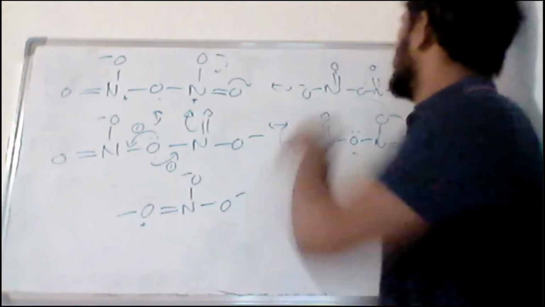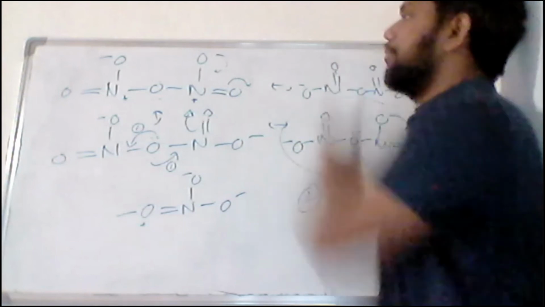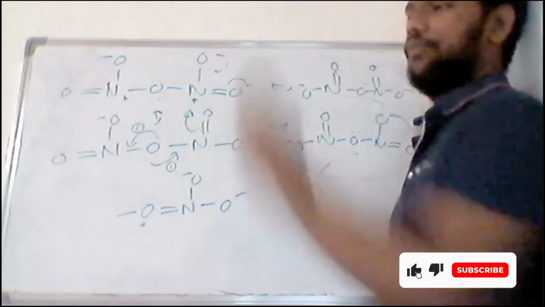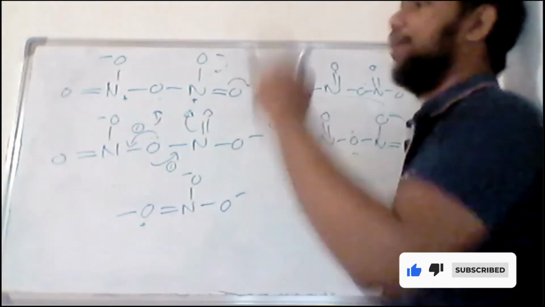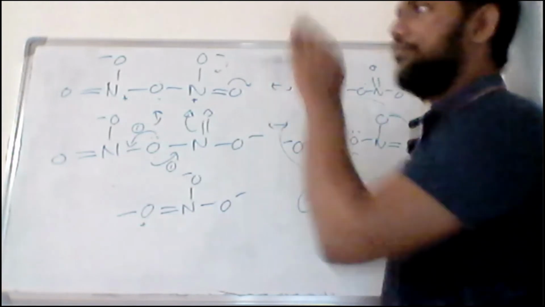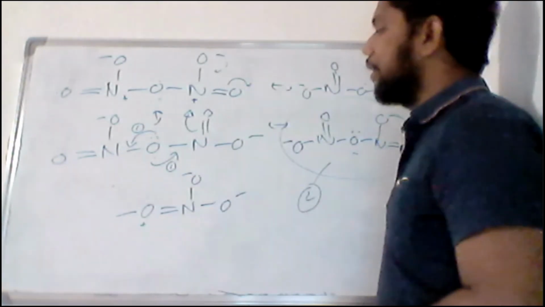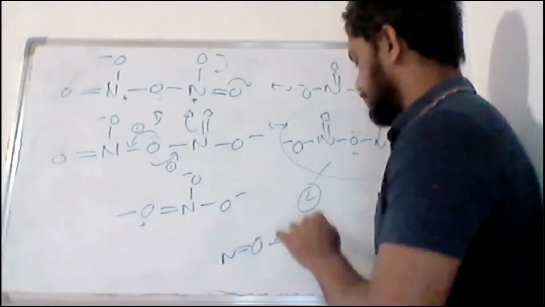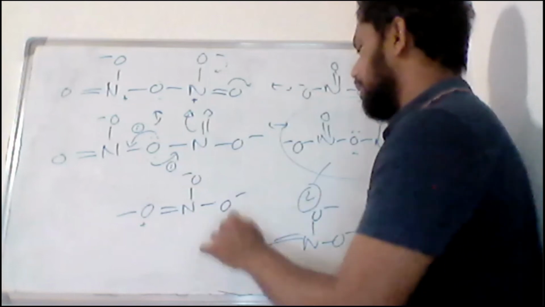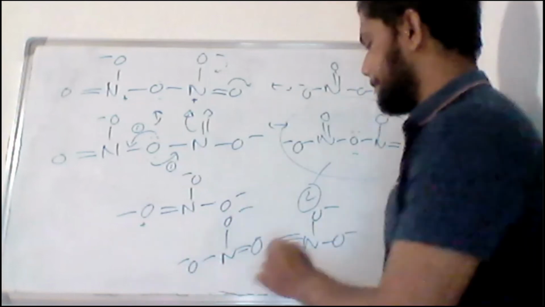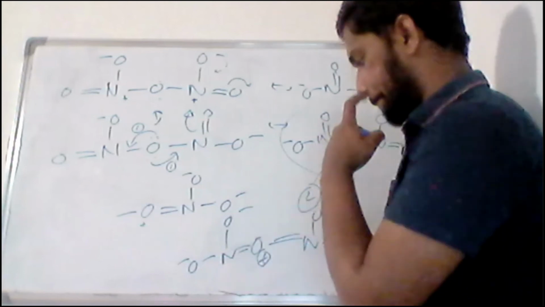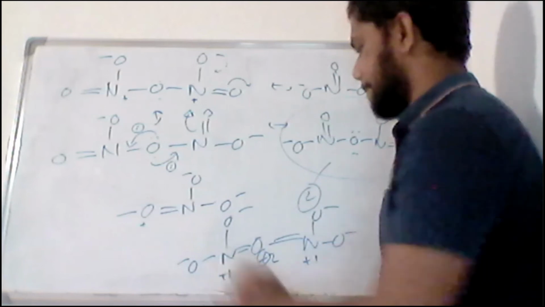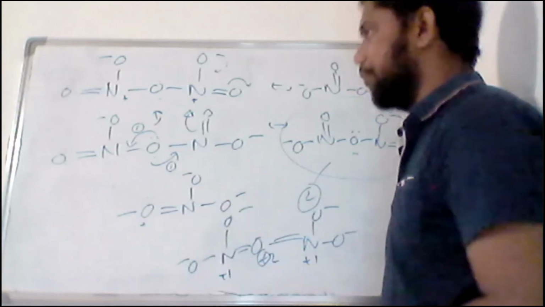You can imagine two oxygens in the same direction and two in the opposite direction, like one up and one down. I have not drawn one up and one down; I have just drawn the flat structure. In fact, you could imagine a compound like this also, but it would be highly unstable. Your overall charge is still 0.